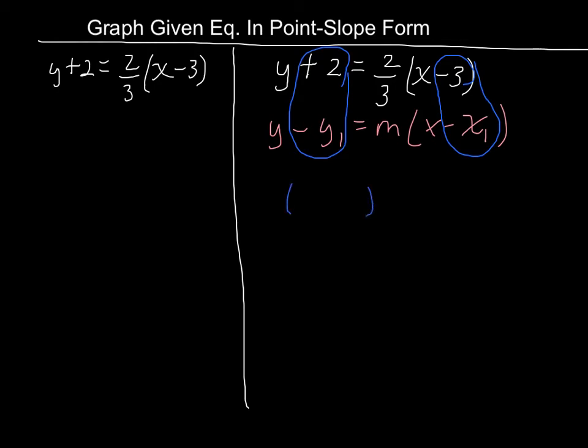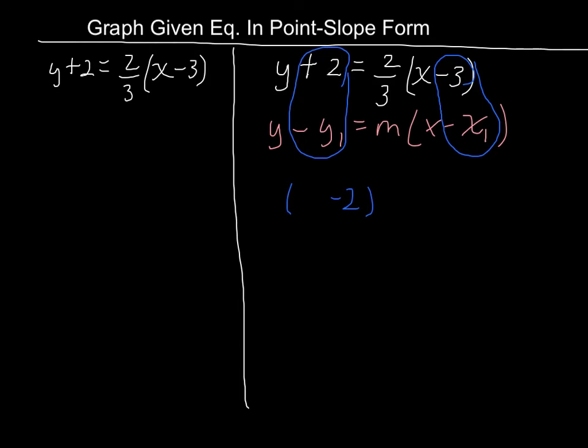We need to be careful here because since this is y minus y1 and this is plus 2, the number that must have been plugged in here was a negative 2. This symbol says the opposite of what you had before, so the opposite of 2 is negative 2.